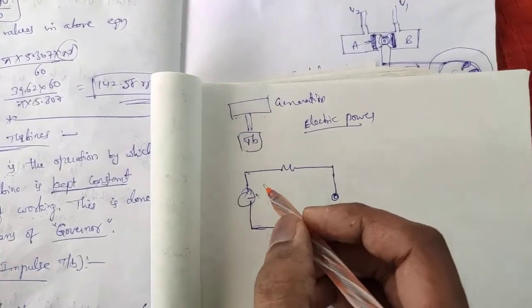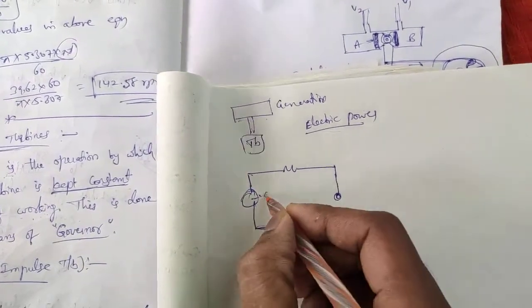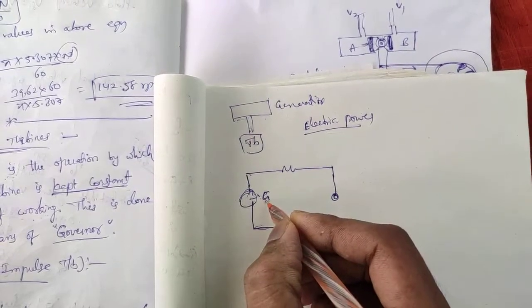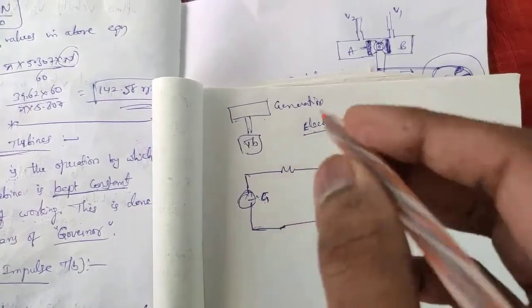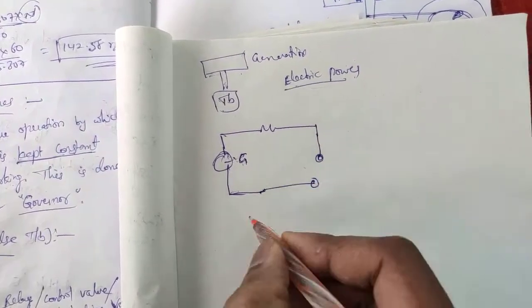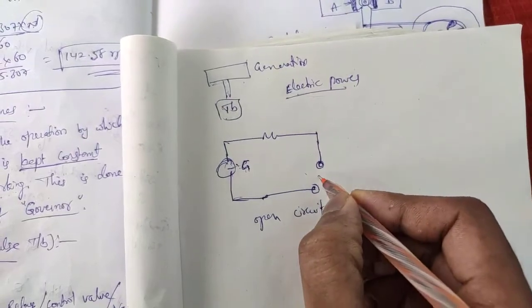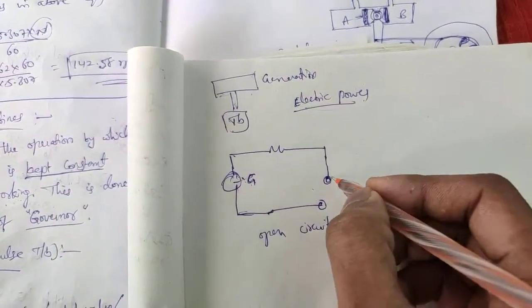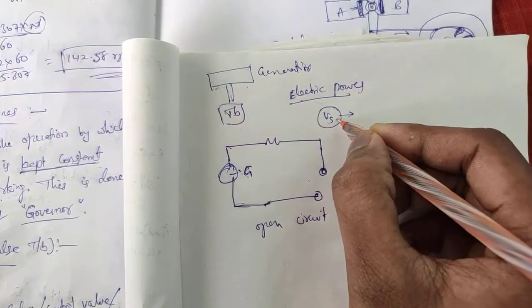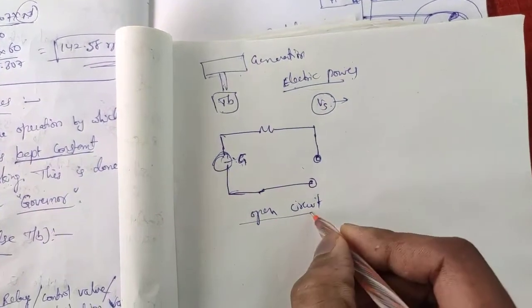In this power plant the power source is the generator, which produces the electric power. Here this is an open circuit, so less voltage is needed. Initially voltage is very low because we are using an open circuit.